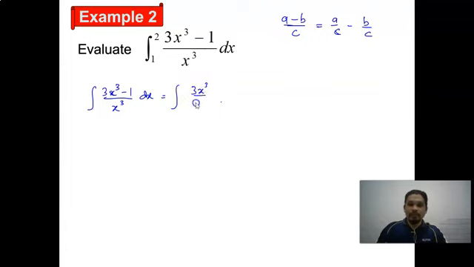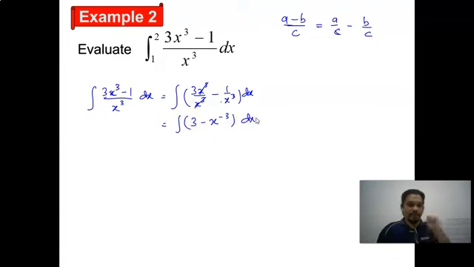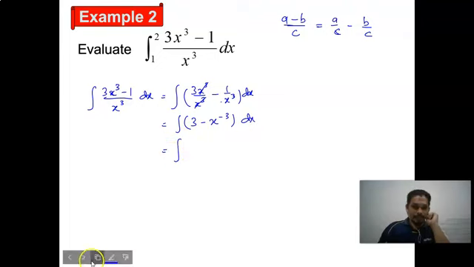So then here now, the integral of 3x cubed divided by x cubed minus 1 over x cubed dx. So here x cubed divided by x cubed, the integral of 3 minus x to the power of negative 3 dx.